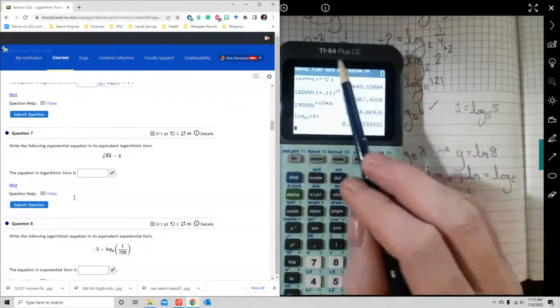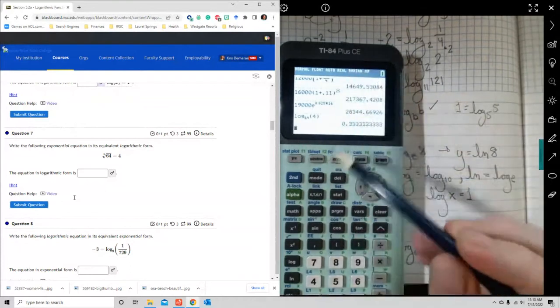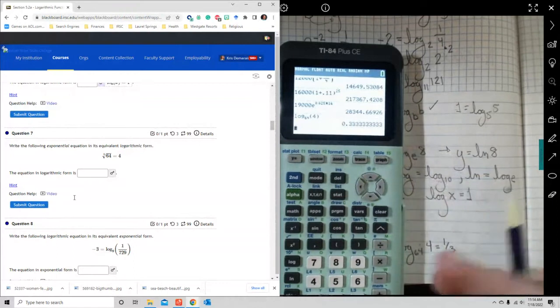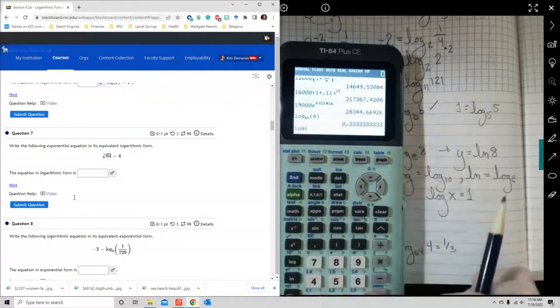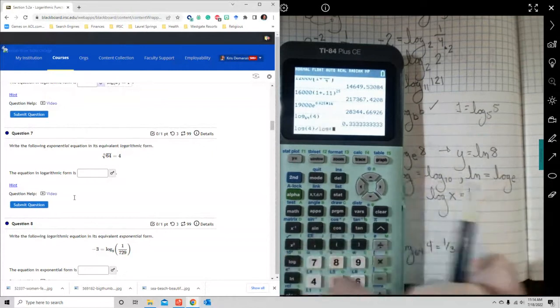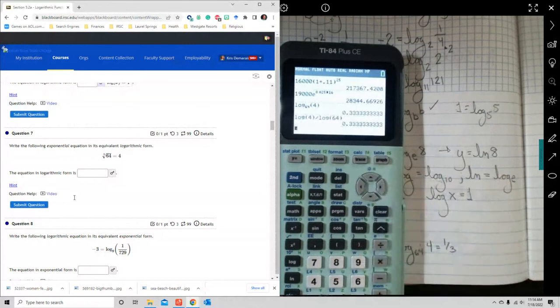If you don't have this updated calculator, the TI-84 Plus CE, you're going to have to learn the change of base formula, which means you take the log of what you're taking the log of divided by the log of the base. Watch this. So I take log 4 divided by log of the base, and that'll equal what you have.